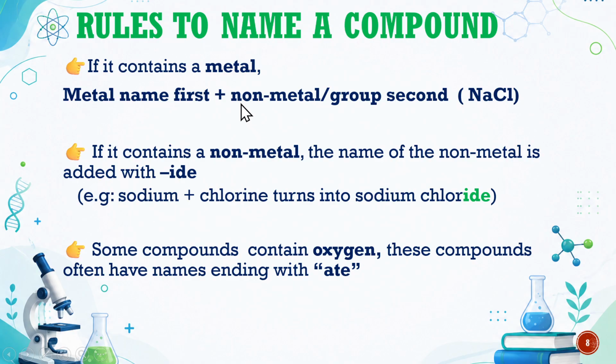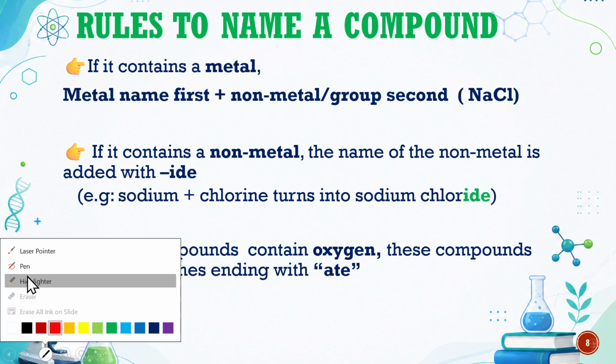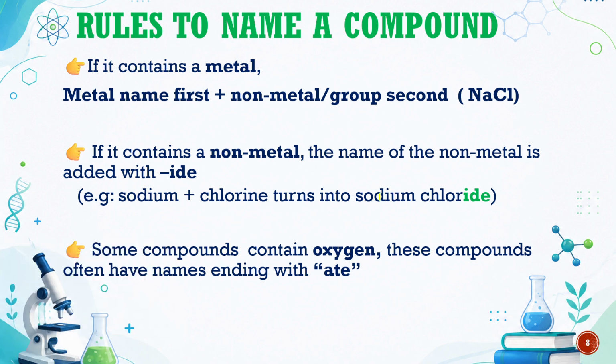Chlorine forms the second part of the name, and because it's a non-metal, its name is given the -ide ending. So while naming the compound sodium chloride, we have sodium, the metal name as is, and the chlorine name with -ide added, forming chloride. That's why the name of the compound is sodium chloride.